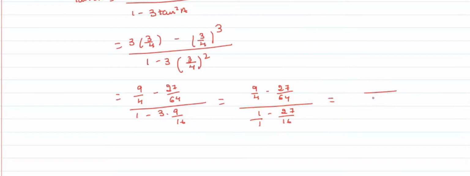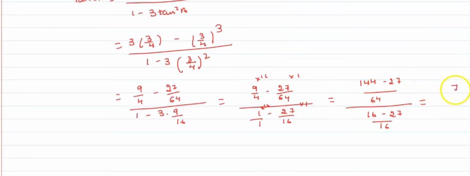The LCM of 4 and 64 is 64, so this you will multiply by 16 and this by 1. 16 9s is 144 minus 27, whole divided by, here the LCM is 16, so 16 minus 27. So this is 117 by 64.